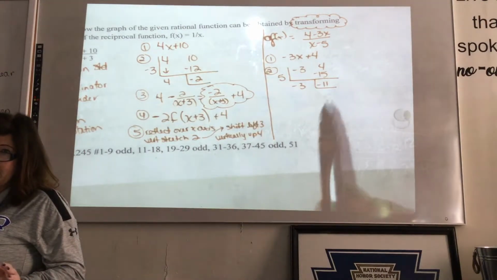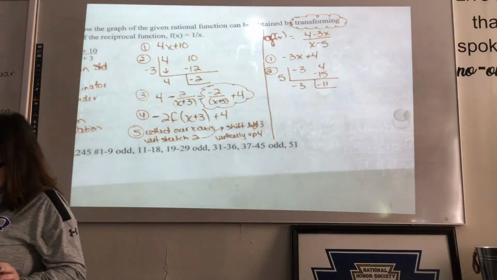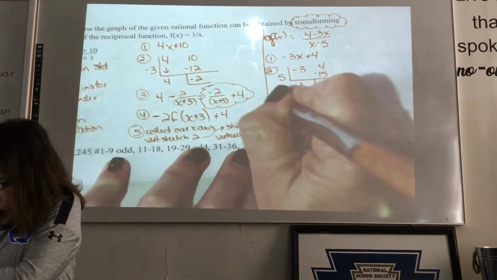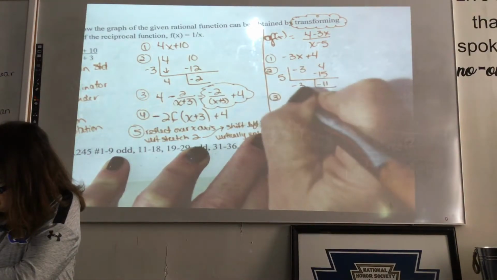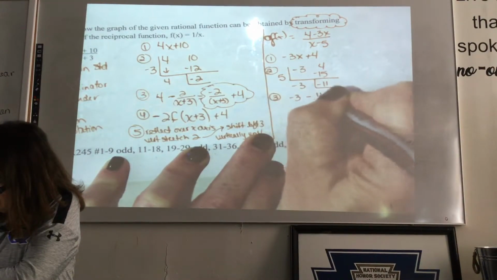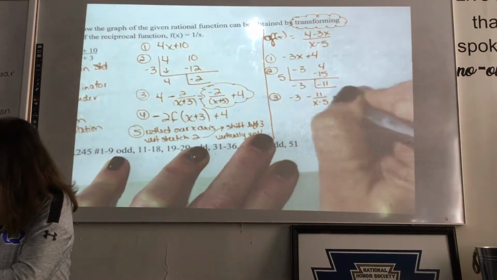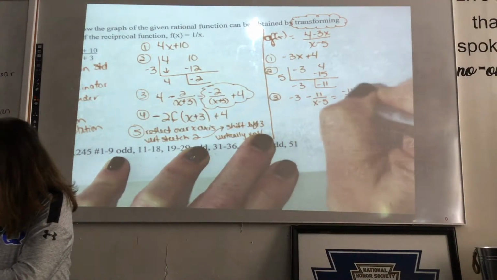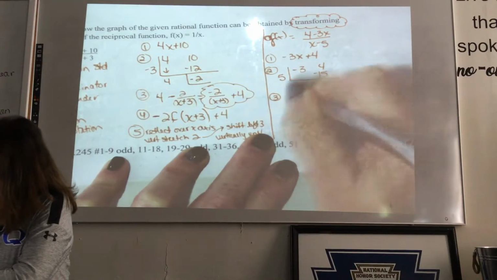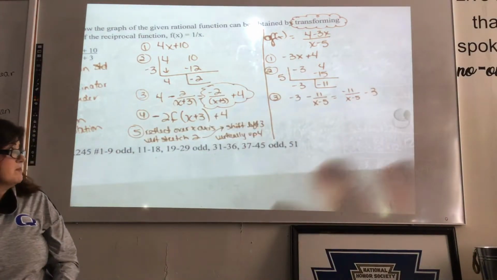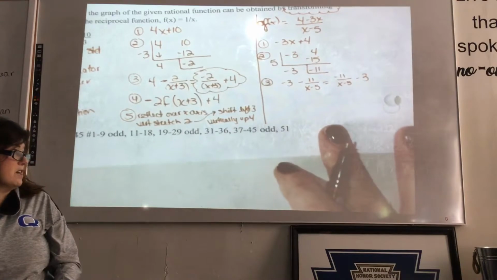This is not necessarily the case. Then I rewrite it as -3 minus 11 over x minus 5. I'm going to move the -3 over to the other side just to make it easier when I go to write it in function notation.